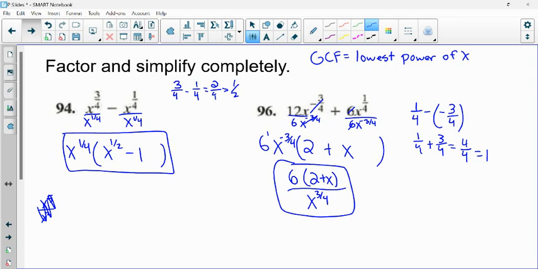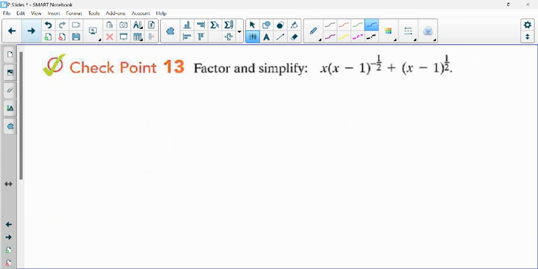All right, and then we have one last problem to try. x times the quantity x minus 1 to the negative 1/2 plus x minus 1 to the positive 1/2. So this is kind of like factor by grouping almost.